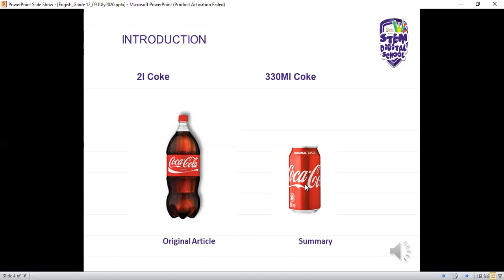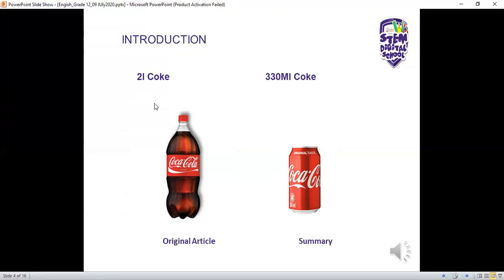But what is similar there simply is the taste. Yes, they're both produced by Coca-Cola, but the taste is the same, while the size is different, which is where I want us to go.